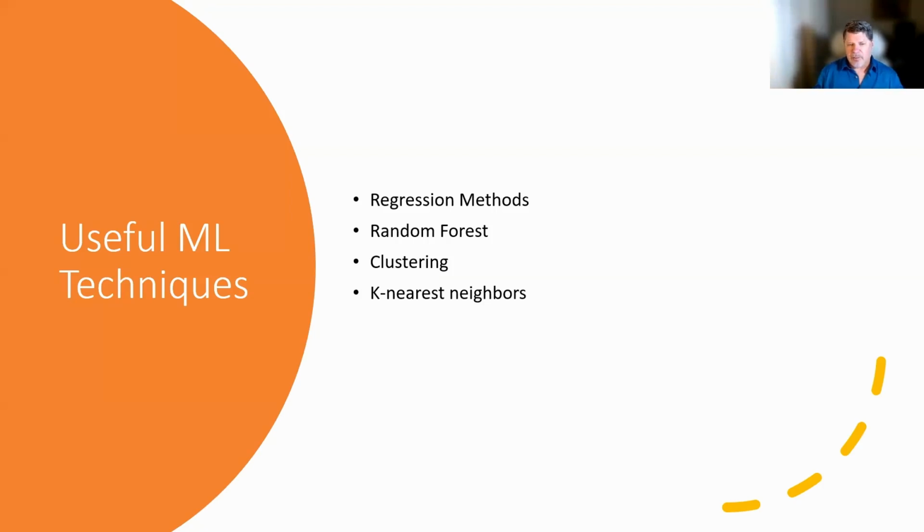And so random forest, clustering, k-nearest neighbors, all of these result in localizing or finding all the data points that are close together, right? You could think of that as similar to the regression method where we talked about the number of standard deviations from the mean, but we may be looking at several lines.